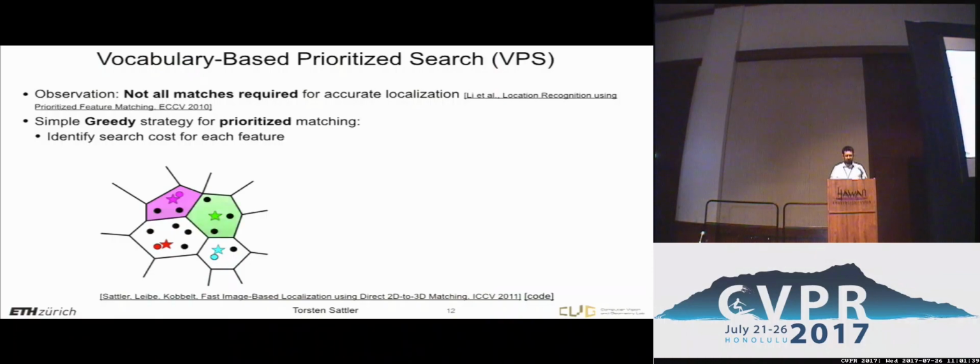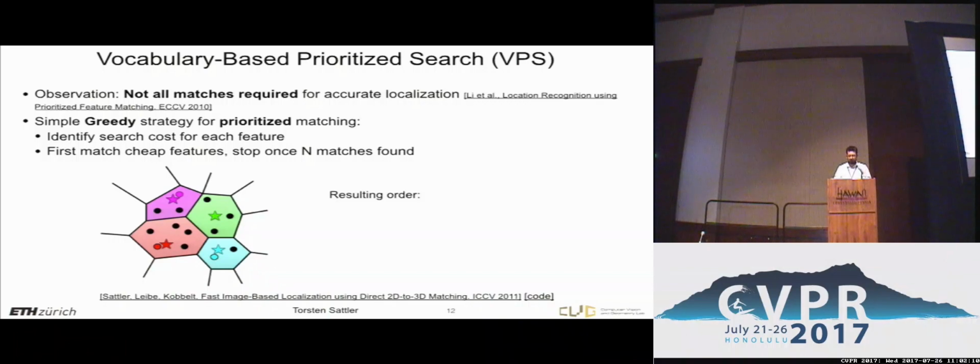For the green feature that would fall into a different cell, you would also do 3 comparisons. For the blue one you would do 2, and for the red one you would do 5. So this simple greedy strategy then just orders the query features based on the search costs from cheap features to more expensive features, and then stops search once it has found n, typically set to 100 matches.